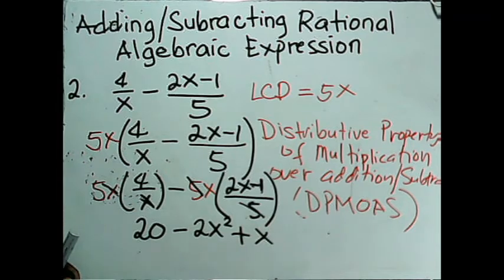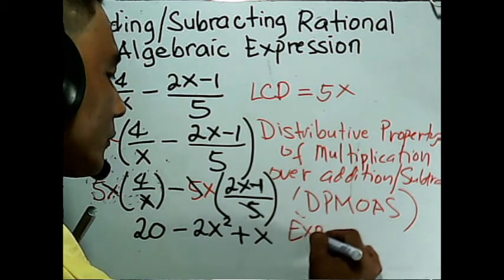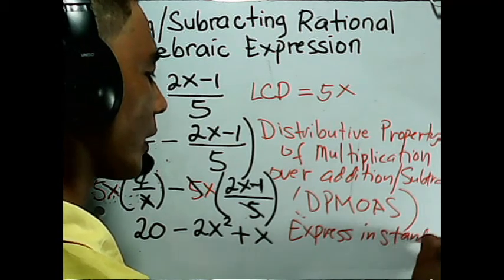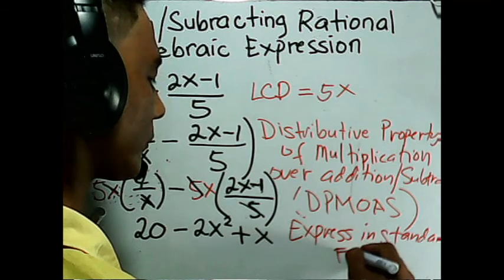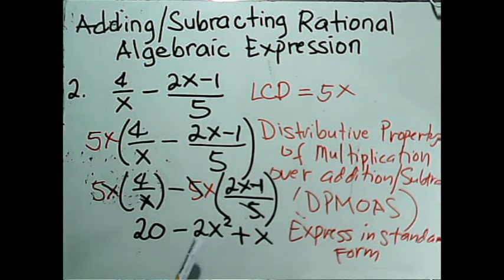Okay, then we are going to arrange. So express in standard form. When you express in standard form, that is arrange the terms or the exponent from highest to the constant.